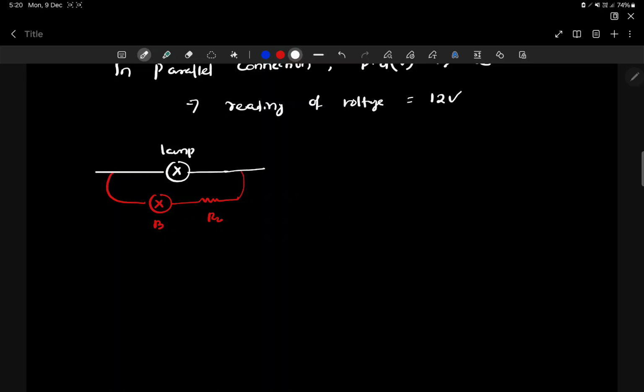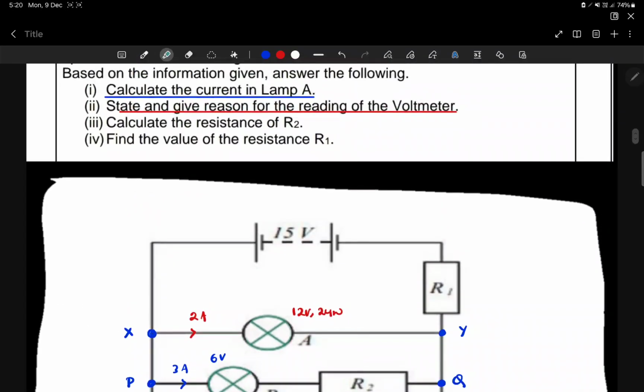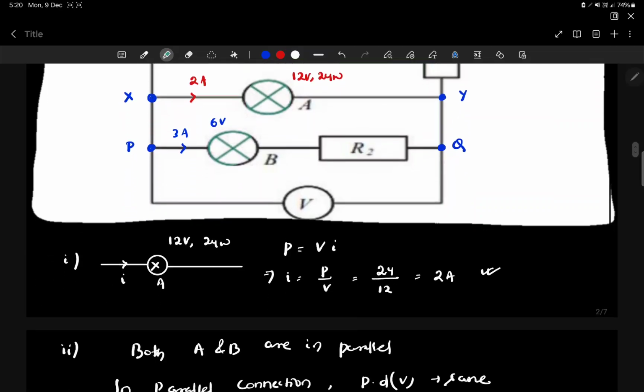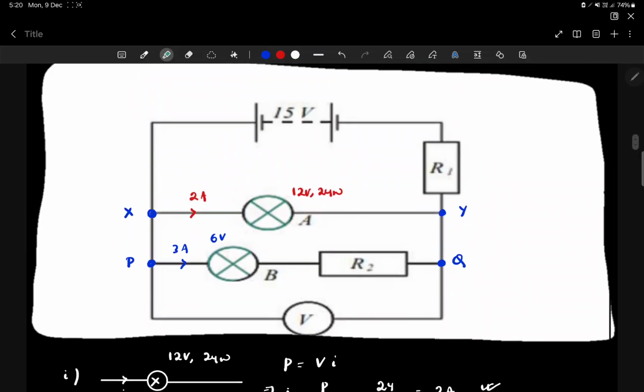So lamp A and the combined effect of lamp B and R2, these are in parallel. It is asking to state and give reason for the reading of the voltmeter. So the voltmeter will show the reading 12 volt as per this given question.